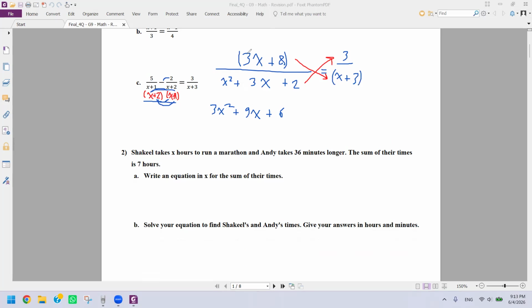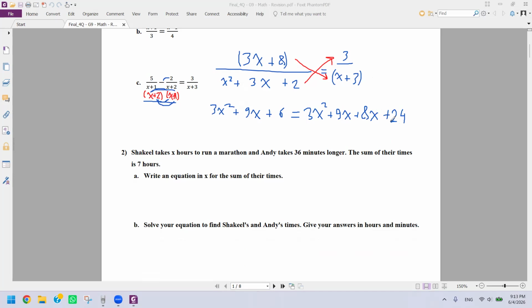So you know you should do 3x times x, 3x times 3, 8 times x, 8 times 3. 3x times x, 3x squared. 3x times 3, plus 9x. Then 8 times x, 8x. And finally 8 times 3 is 24.